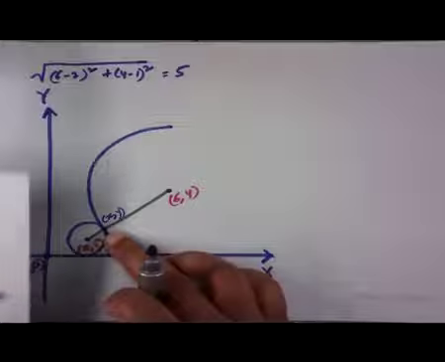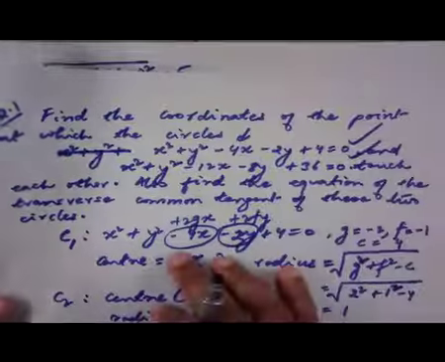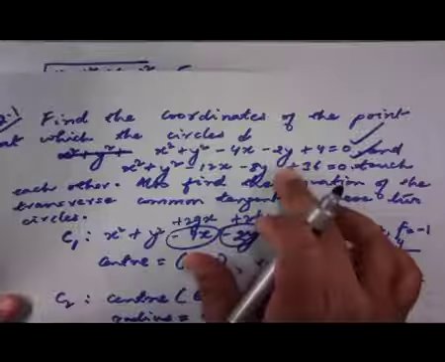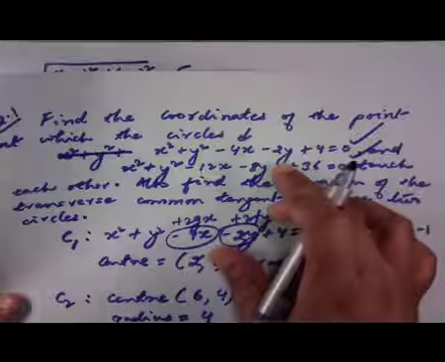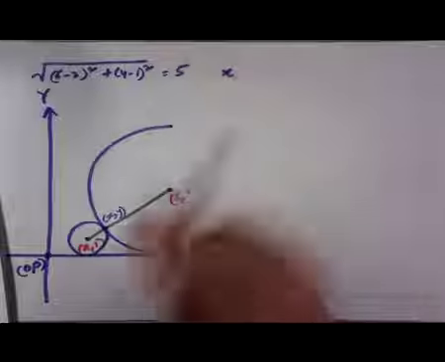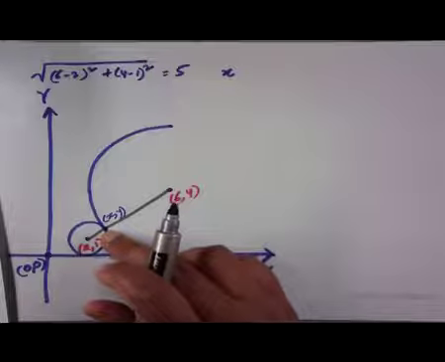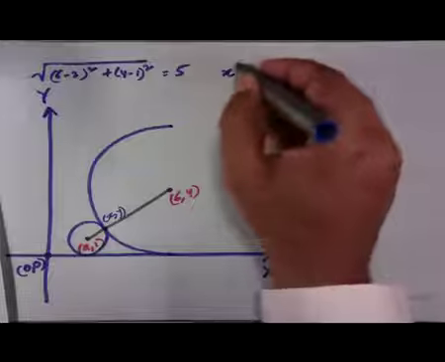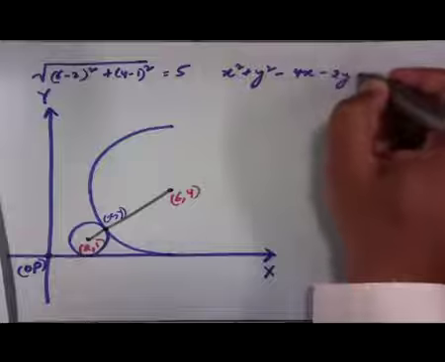Then it is clear that this x and y must satisfy both these equations, because this point lies on both the circles, and since it has to satisfy both the equations, it must satisfy the difference of the equations also. So, the coordinates of the point of contact x and y must satisfy the equations of the two circles, which are as follows.